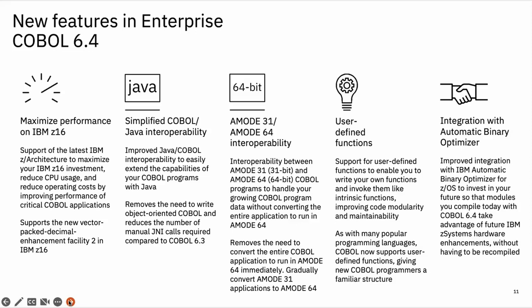But now that COBOL version 4 is out of service, we want to look forward, and we really want to drive the language side of the house. Platform exploitation, the stuff I just talked about in the previous chart, is baked into the hardware roadmap. So every generation, we're going to be coming up with new features, and we're going to have the corresponding compiler technology to exploit those features.